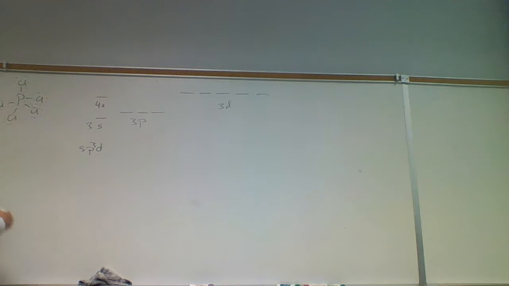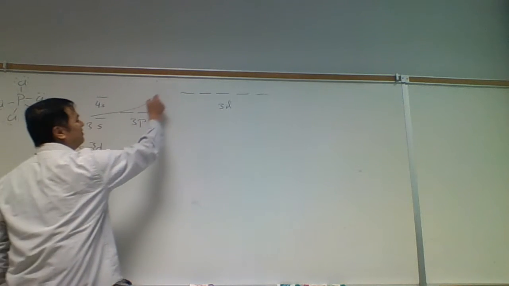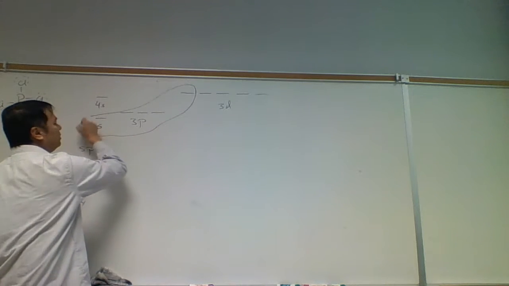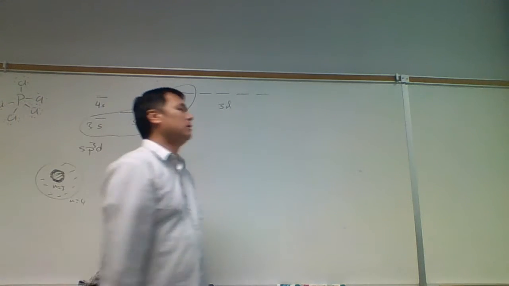But in terms of distance, the n equals 3 shell is like this, but the n equals 4 shell is much farther out, and so it's harder to hybridize. So the 3s is in here, the 3 p's in here, and the 3 d's are in here. And so we end up skipping the 4s and going straight to the 3d.